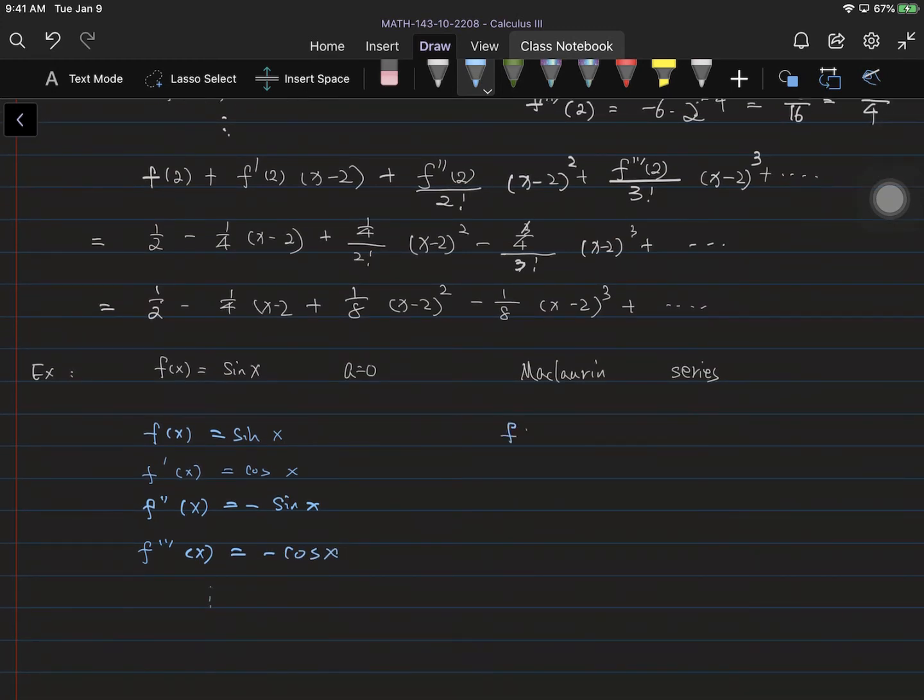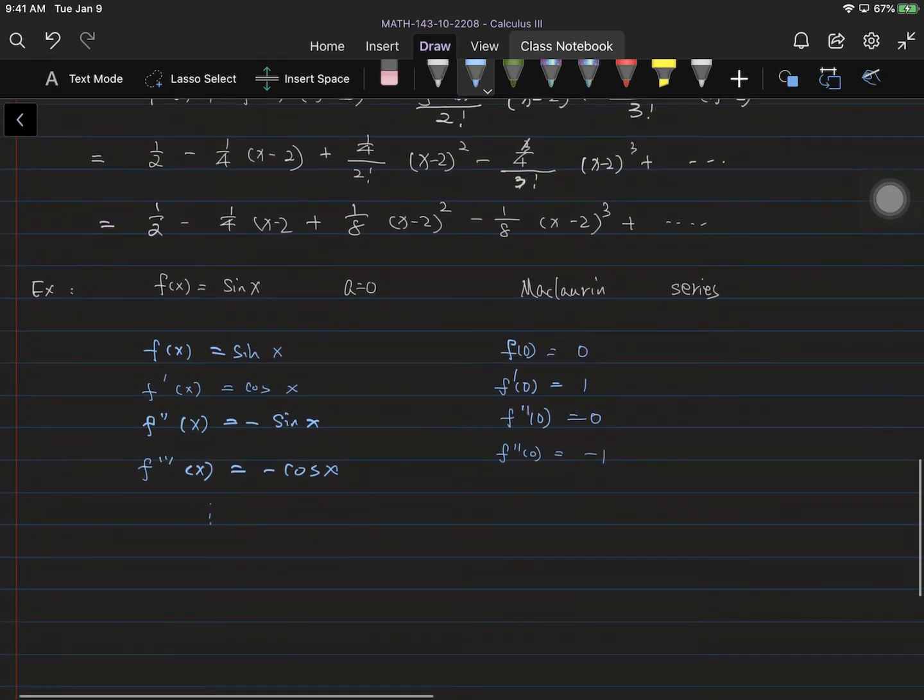And then f(0): sine 0 is 0. Cosine 0 should be 1. Sine 0 is 0. Cosine 0 is also 1, so negative 1 here. When we write down the Taylor series, it should be 0 plus 1 times x, right?